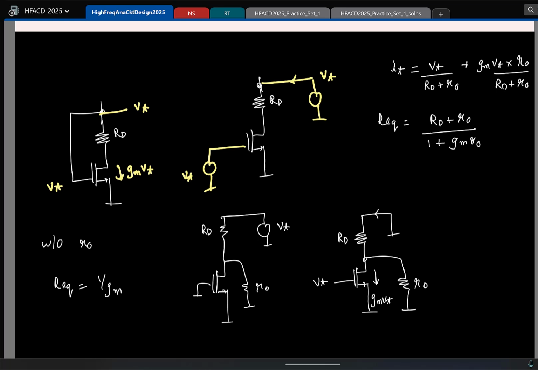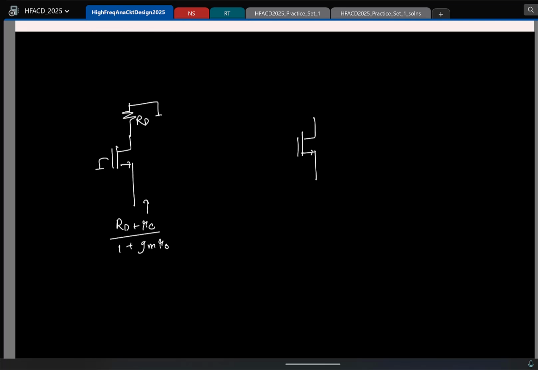Yes, if you recollect, even if you had a case like this, with RD, this would have been the same: RD plus R0 by 1 plus Gm R0. Now it looks like this resistance is the same as the resistance I have looking here.